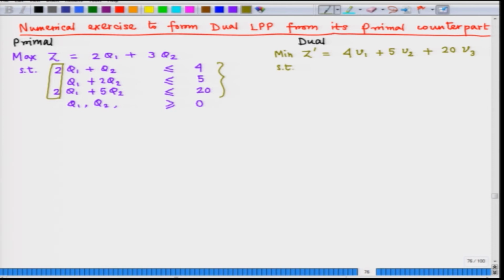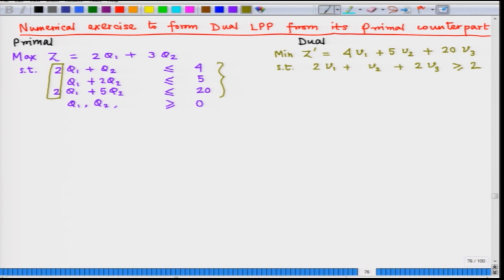So, we write 2 V1 plus V2 plus 2 V3, right, and this sign of the inequality will change from less than equal to greater than equal to, and this will be greater than equal to the objective function coefficient for the first decision variable. So, that is basically 2 here in this case.